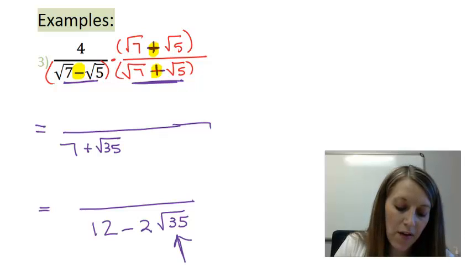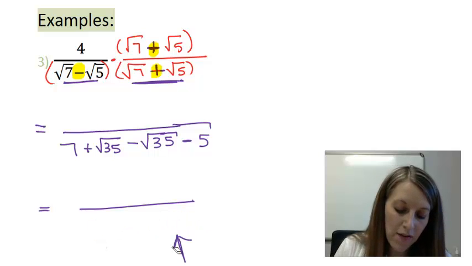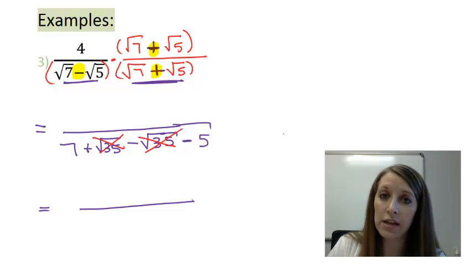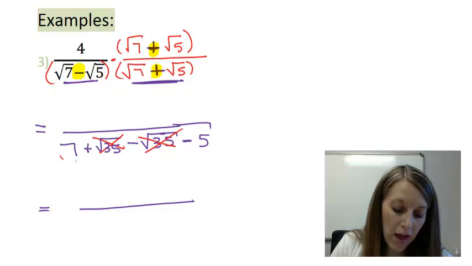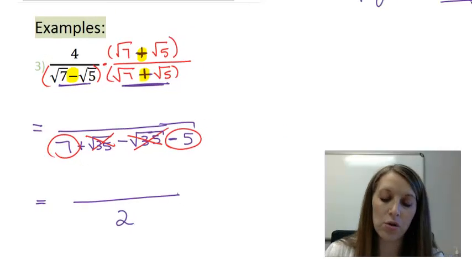Inside, negative root 5 times a root 7 gives me a negative root 35. And last, negative times positive gives me negative, and root 5 times root 5 cancels to give me just the 5 on the inside. So now if I look in the denominator, I have a positive root 35 and a negative root 35, which cancels out. So all I have left is 7 minus 5, which gives me a 2.